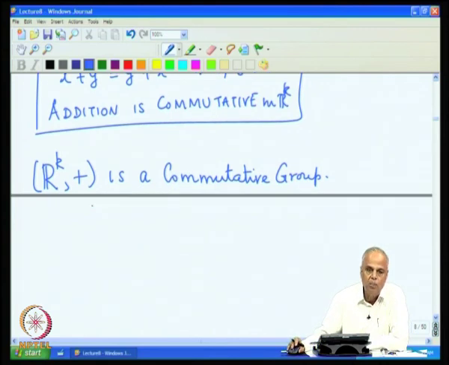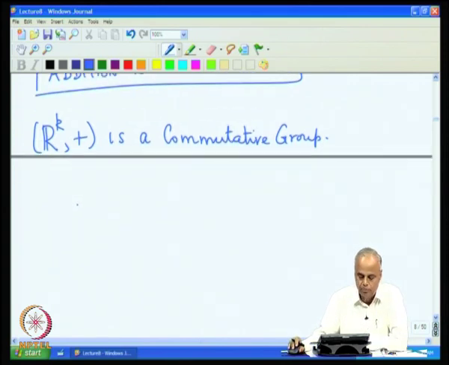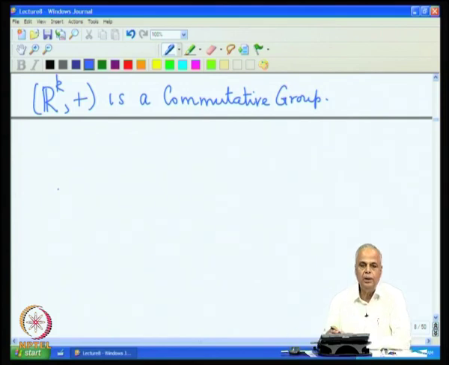And if this rule of combination does not obey any order, then we call it a commutative group. So, the first thing that we observe about R k is that R k plus is a commutative group. They are also known as abelian groups.